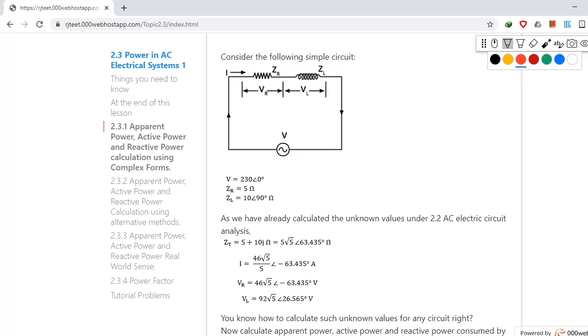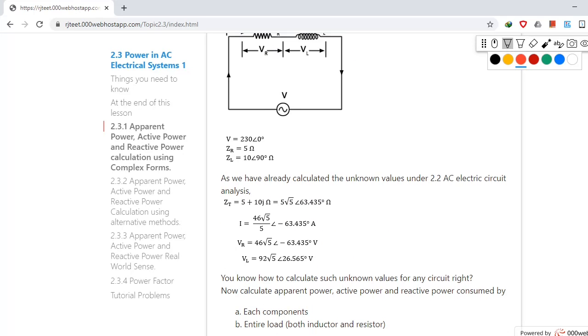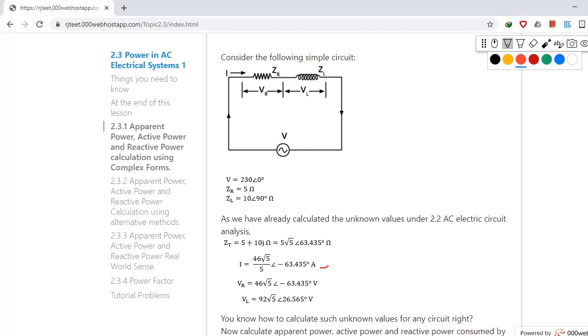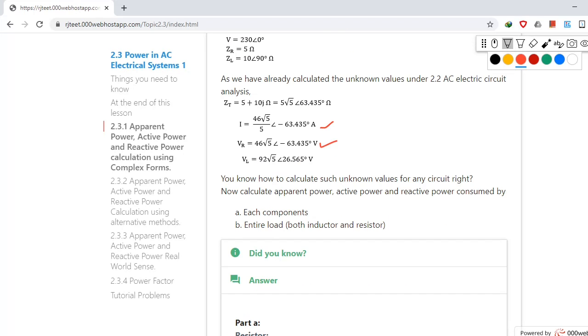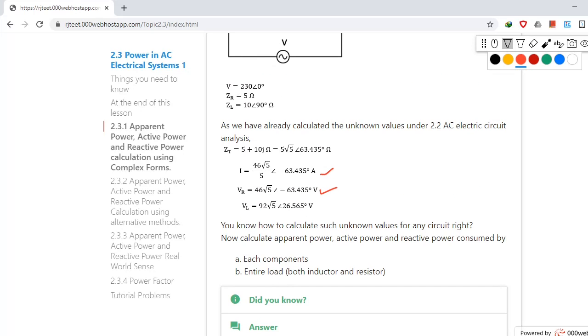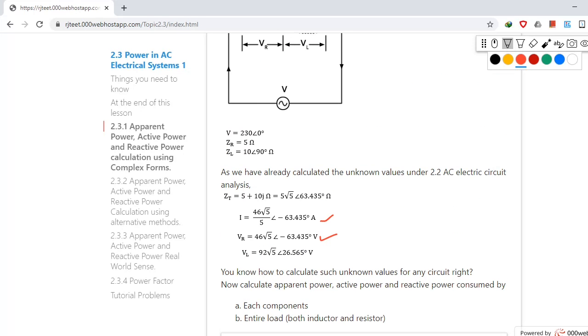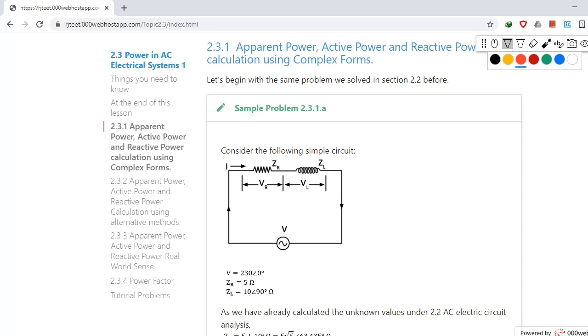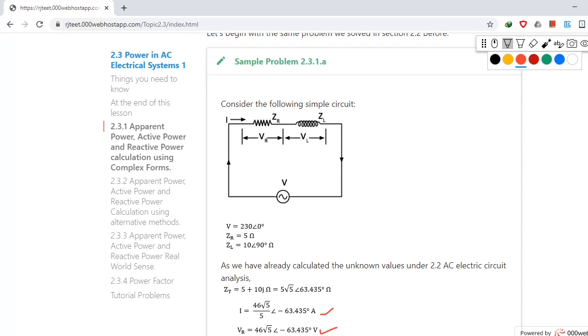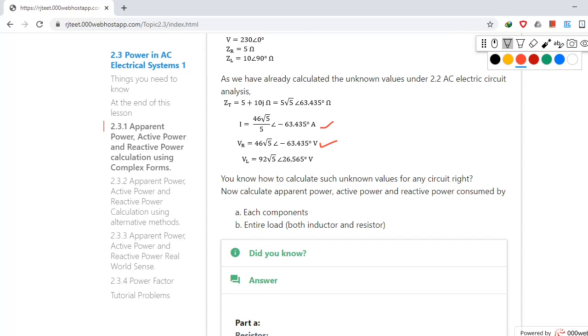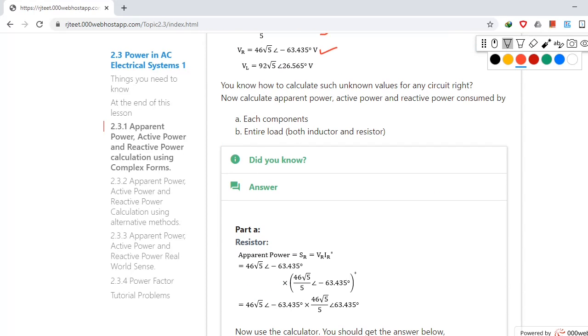So for this problem, fortunately we don't have to find these components, and we know the current value and the voltage drop value in their complex form. So that's something again you must notice. You need to know the complex values of the current and voltage, otherwise you can't calculate the apparent power completely. Maybe you would be able to calculate the magnitude, but to calculate the angle you must know the complex form.